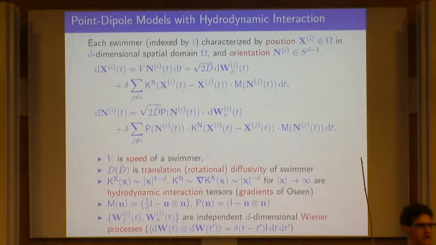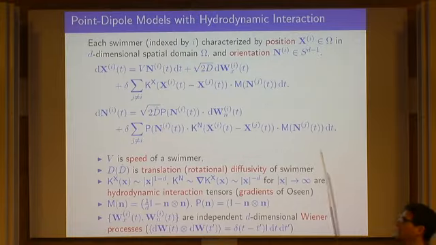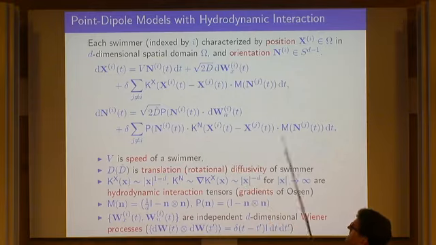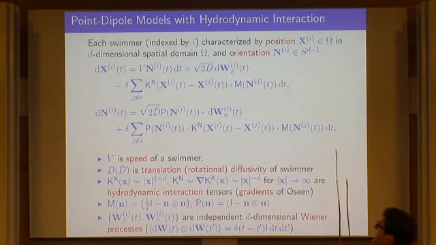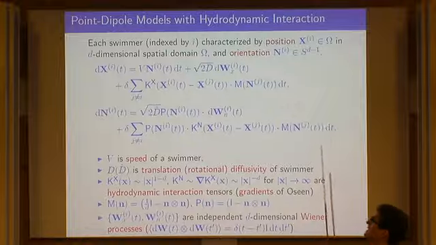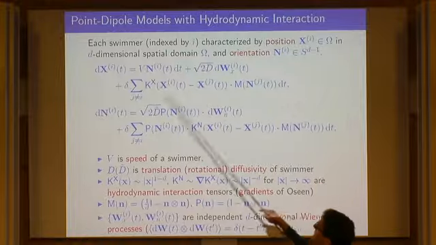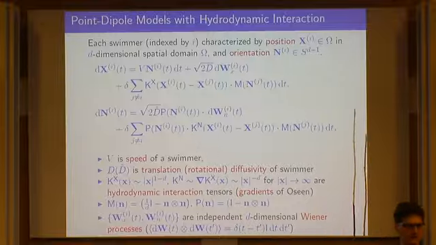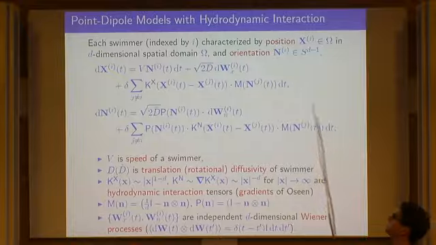You just have a linear relationship between forces applied and flow. What is being applied is a force dipole at every place where there's a swimmer. So the ith swimmer is going to feel a flow induced by the jth swimmer.